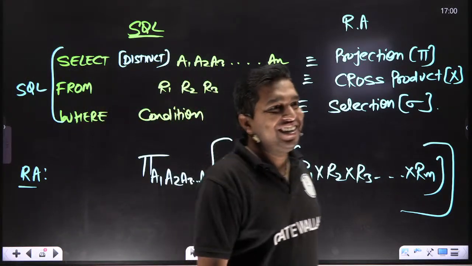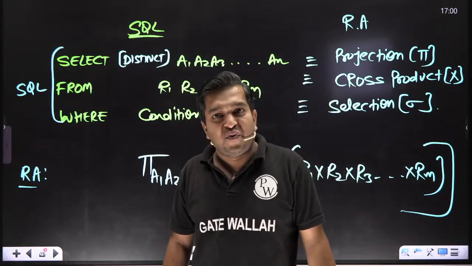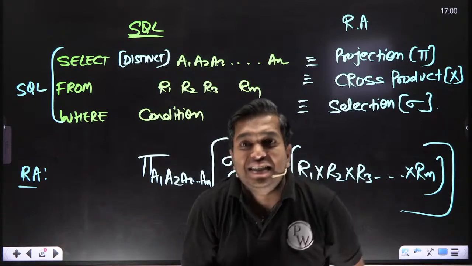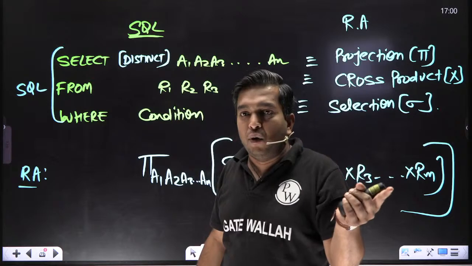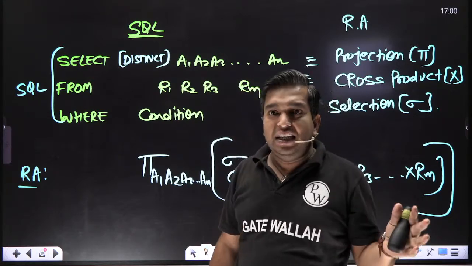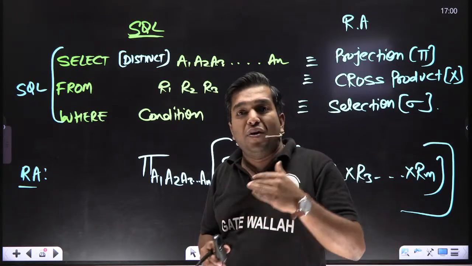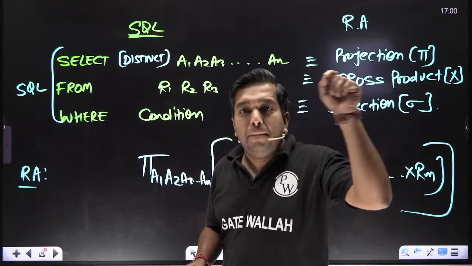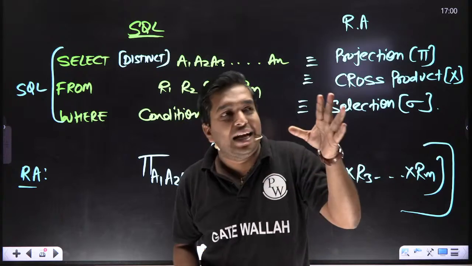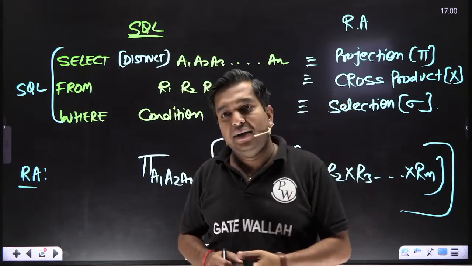Clear, everyone? Now listen carefully. The main difference is, this question was asked in GATE also, in theoretical mode. Select in SQL is equivalent to which one? Projection in relational algebra. But in SQL, select retains duplicates.